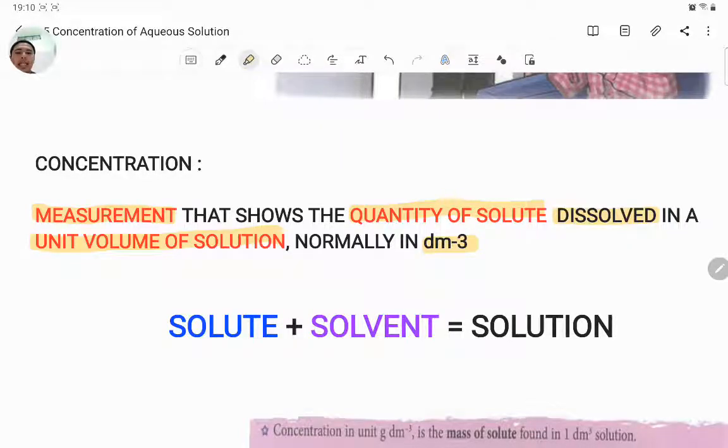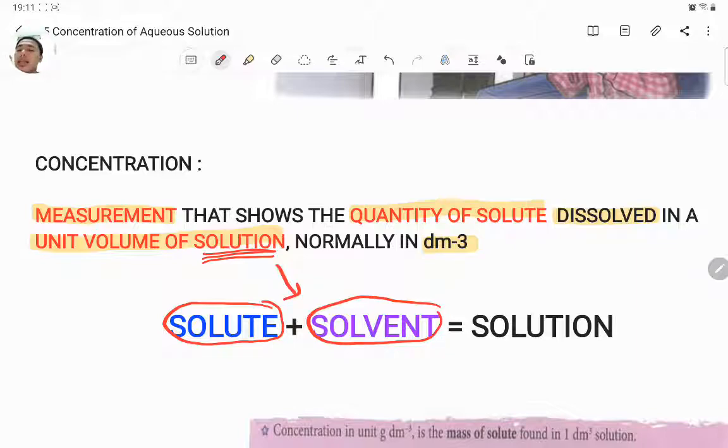So as you can see, when we talk about the solution, you can refer to this one. What is the content in the solution? We have a solute, and then we have a solvent, and then it will form a solution.